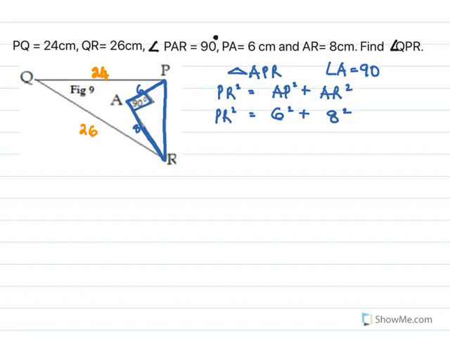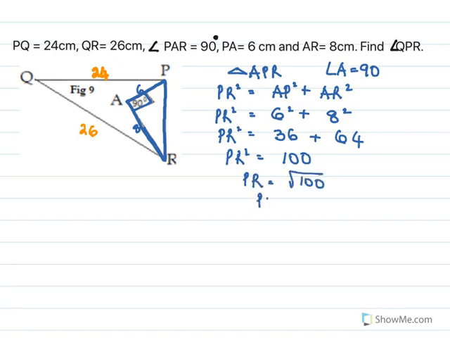AR square is 8 square. So PR square equal to 36 plus 64. So PR square equal to 100. PR will be under root of 100. So PR will be 10 centimeter. So we've now found out that this is 10 centimeter.